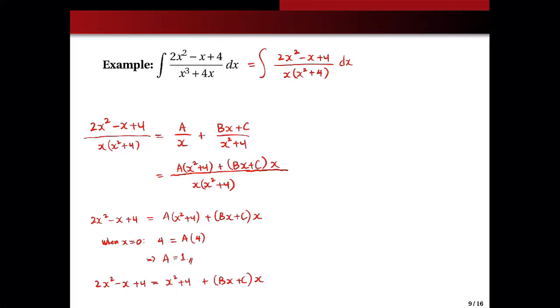And then we bring this part to the other side. If we do that, you will get 2x squared minus x squared, so you'll just have x squared. And here your 4 will be subtracted, so you will get 4 minus 4, which will disappear. But you still have the minus x here.